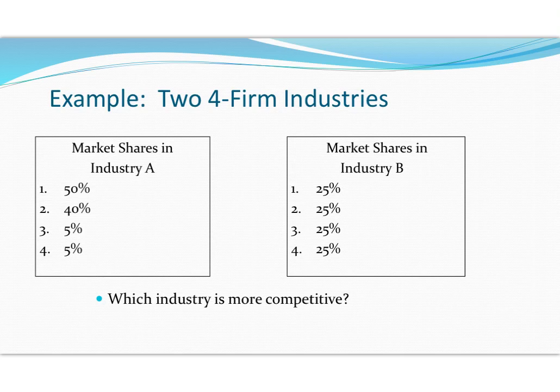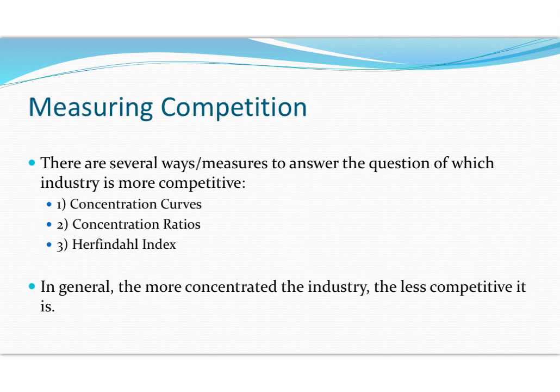In Industry A, 90% of the market is controlled by the top 2 firms, and then firms 3 and 4 are relatively small. So most of your guts are going to say that Industry B is more competitive, and it probably is, but at the end of the day, that's an opinion question, so let's see how our different measures line up with what our gut tells us.